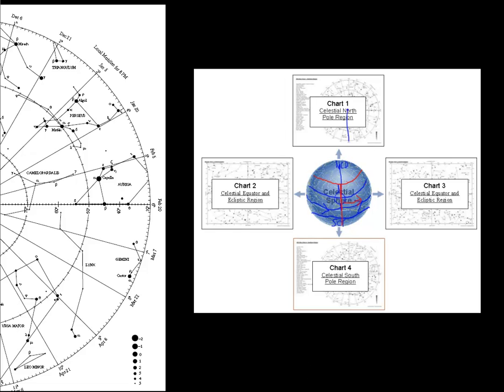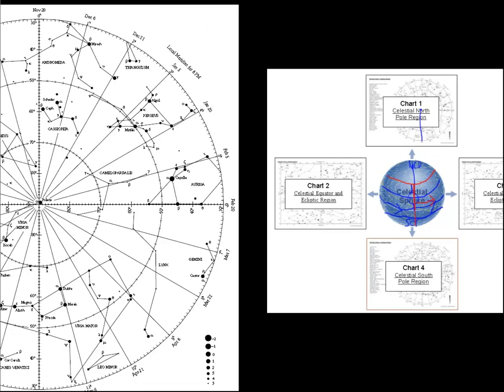So let me show you what the chart looks like. This is the North Pole region, set up showing you Polaris. And if you notice, Polaris isn't quite at the North Celestial Pole, but it's pretty darn close.